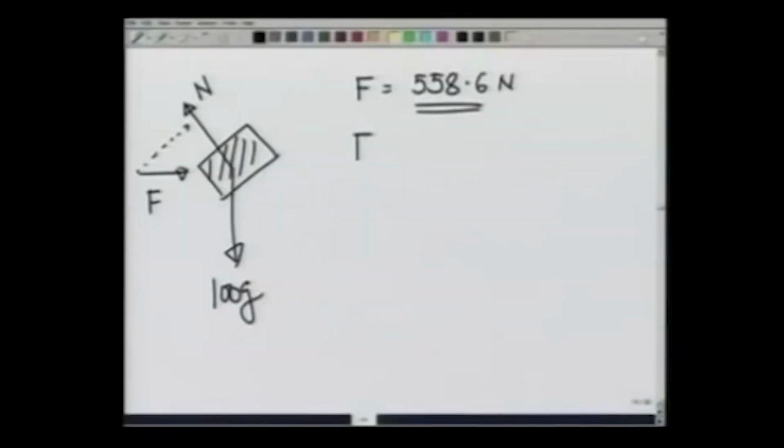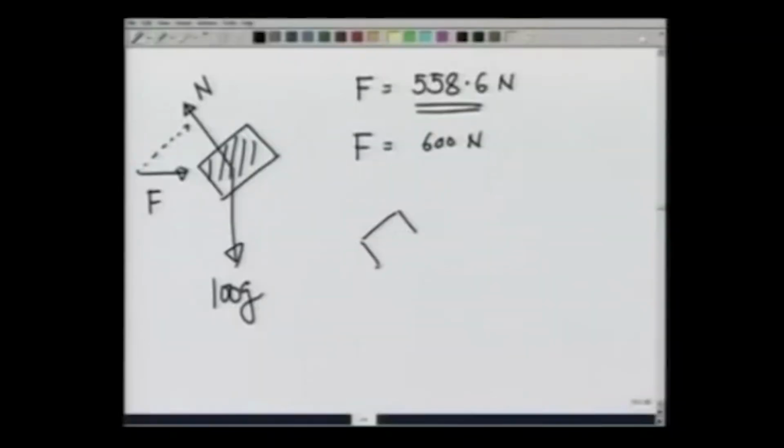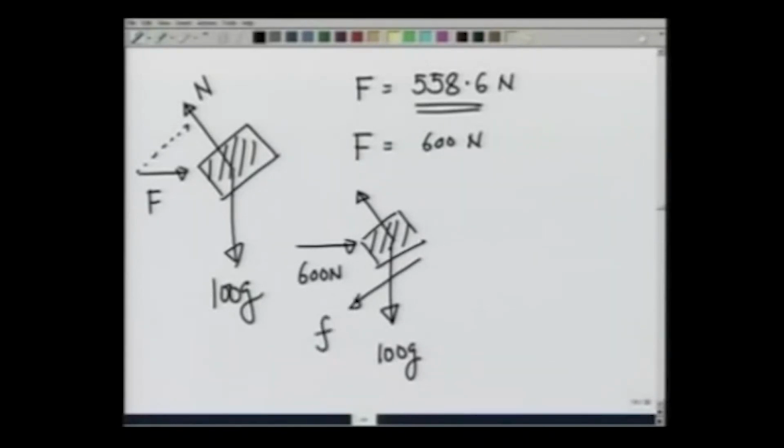And therefore, for F equals 600 newtons, the frictional force on the block would be acting down. If I make a free body diagram for F equals 600 newtons, I would have 600 newtons acting this way, 100 g pulling it down, normal reaction N, and frictional force down the plane.